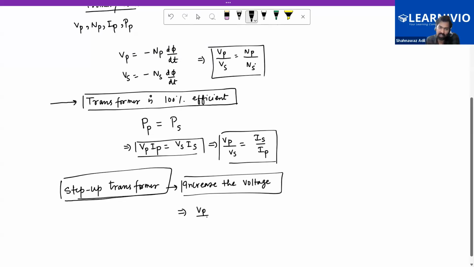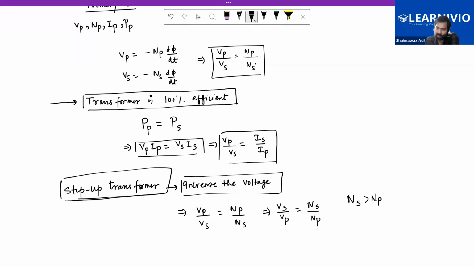We know Vs by Vp is equal to Ns by Np. If I increase the number of turns in the secondary coil compared to the primary coil, this ratio would be greater than 1, so Vs would be greater than Vp. This is what we call the step-up transformer. We increase the number of turns in the secondary coil.